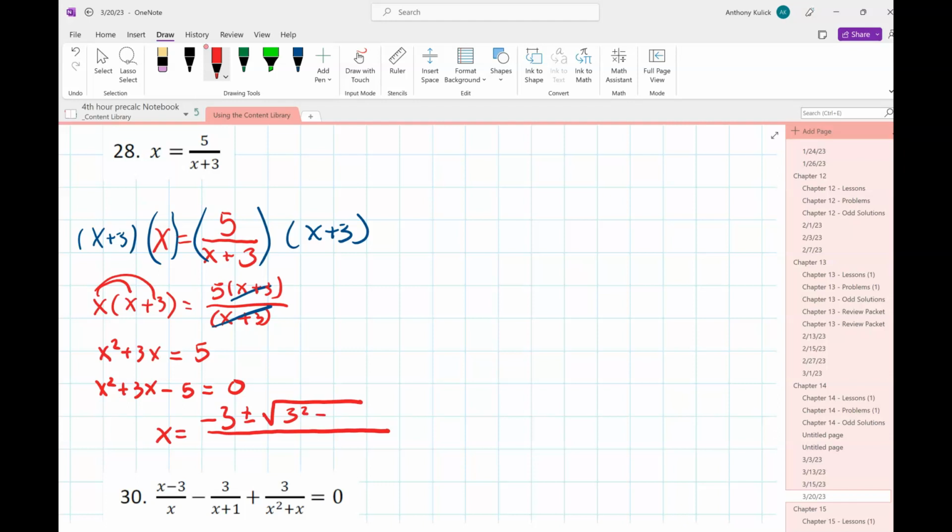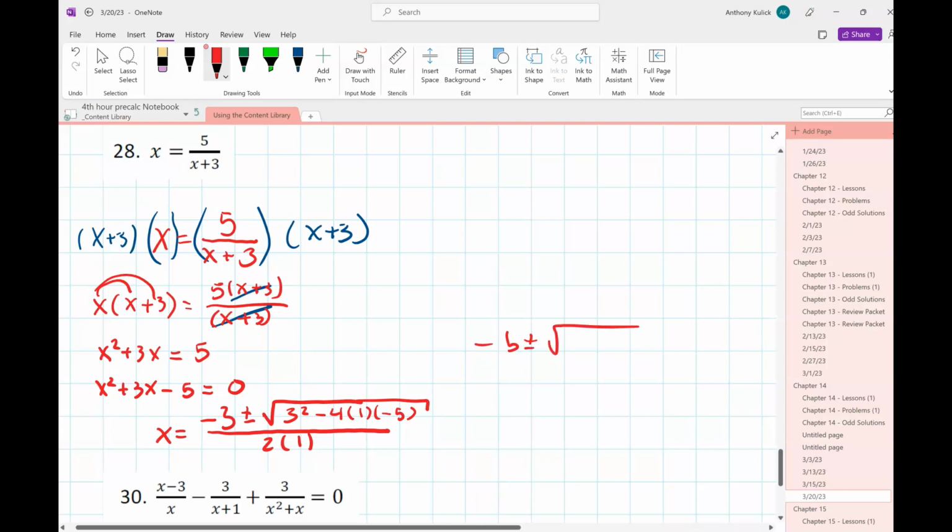B squared. Yep. 2 over 2a. Yeah. So it's negative b plus or minus square root b squared minus 4ac all over 2a.